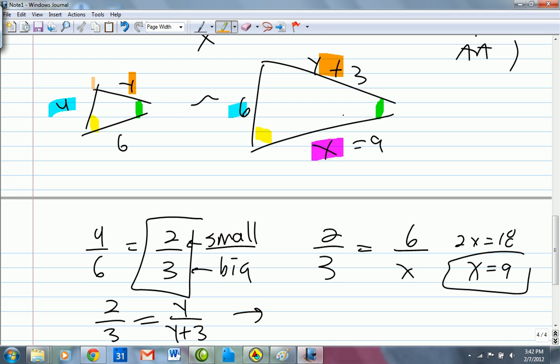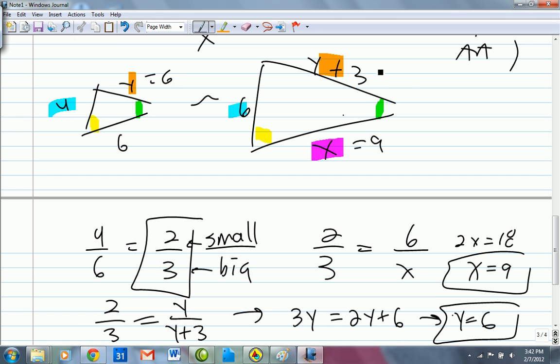It looks like this: 2 to 3 or 4 to 6 or 6 to 9 equals y, this little piece, to y plus 3, the bigger piece. If I solve that for y, I use the means-extremes property: 3 times y equals 2 times the quantity y plus 3, which is 2y plus 6. I subtract 2y from both sides, and I get y equals 6. So that makes that 6, and that makes that 9.